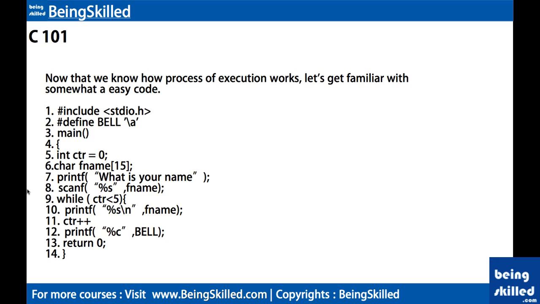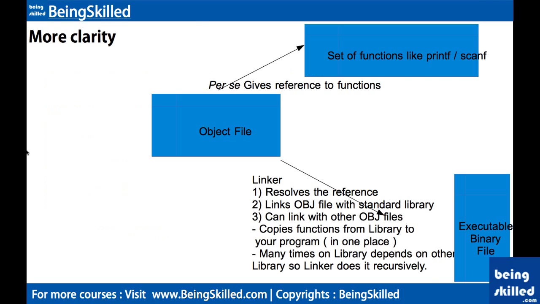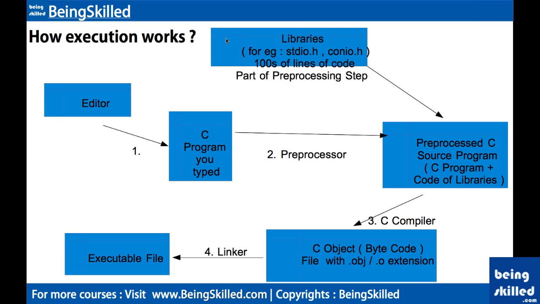We can see there are about 14 lines in this code, but internally, while pre-processing, the code from stdio.h, which can be hundreds of lines, will be imported, making the length of this code, let's say, 114. These are repetitive codes which are not to be typed again and again by the programmer, which is done by the preprocessor step.